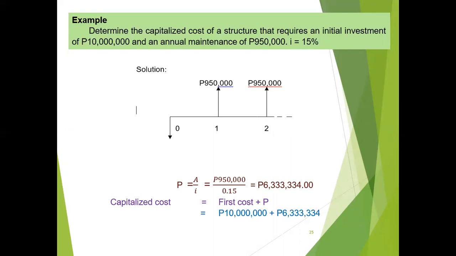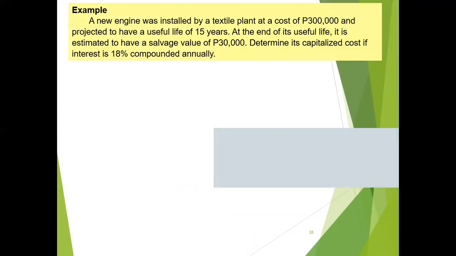Then you have 10 million plus 6,333,334 pesos, or our capitalized cost is equal to 16,333,334 pesos.